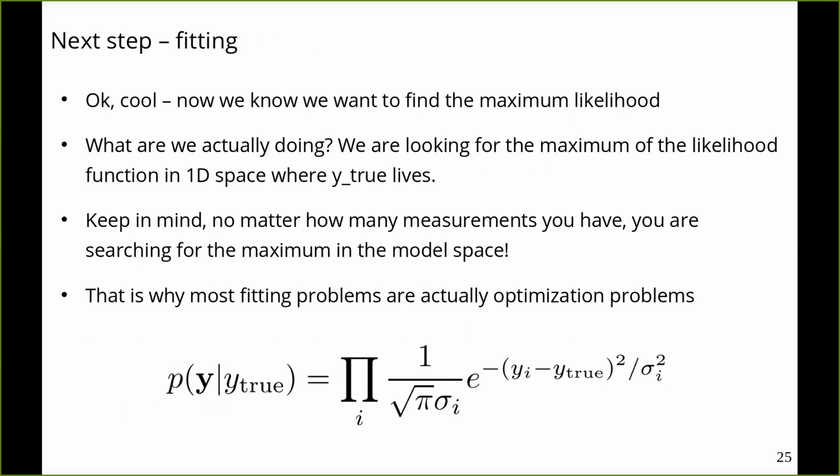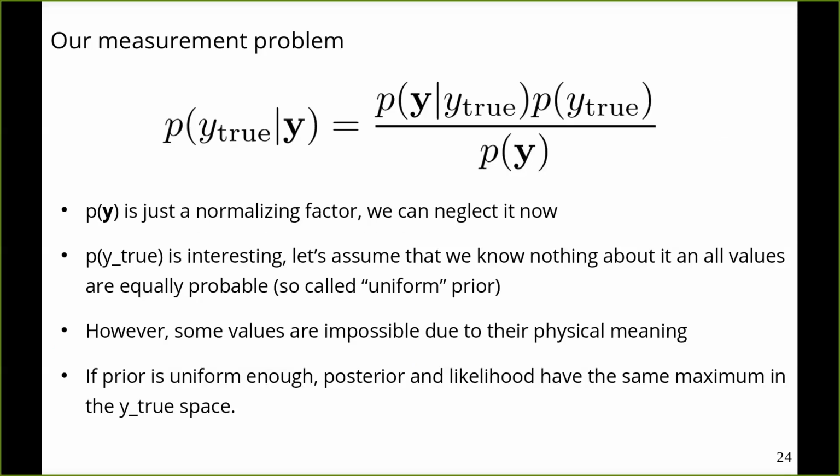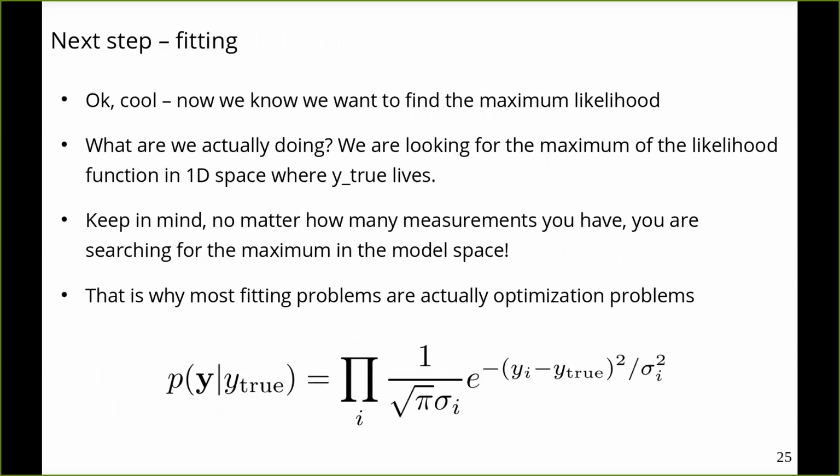So now we know what we want to do. Now the question is, what are we actually doing? So again, what I am doing here is looking at the maximum of the function p of y true given y. So in this case, it's a probability density of one variable, right?